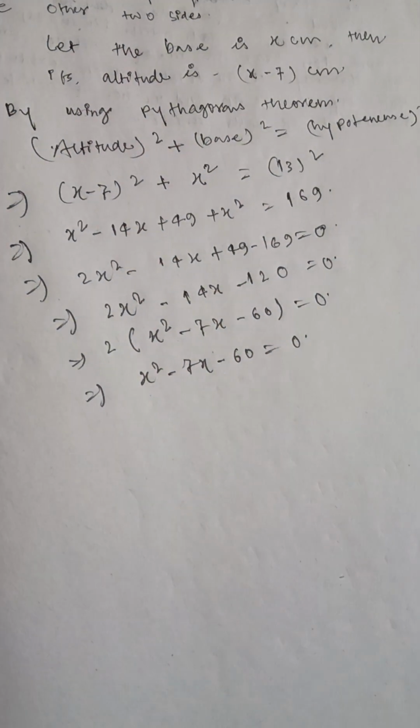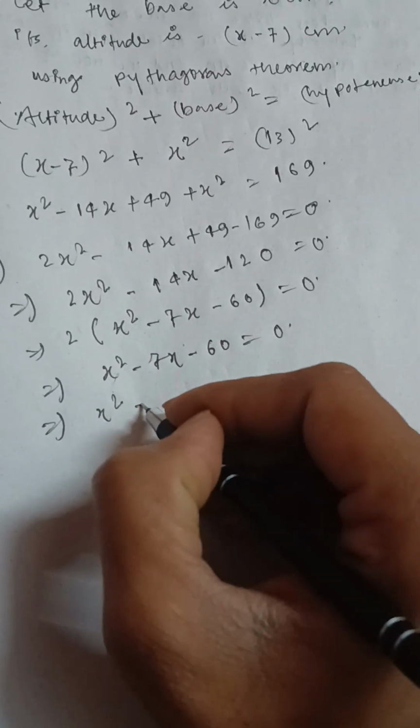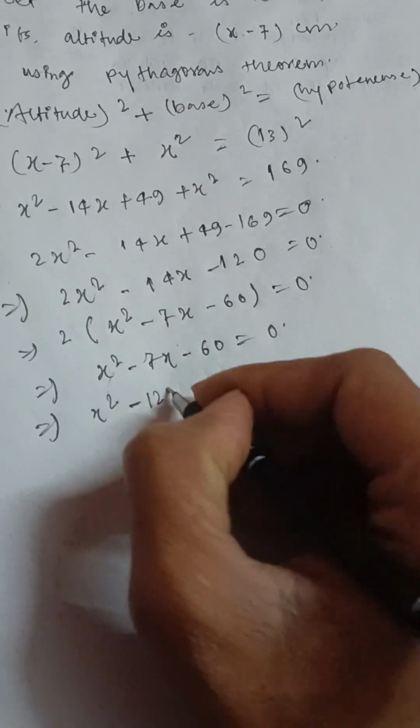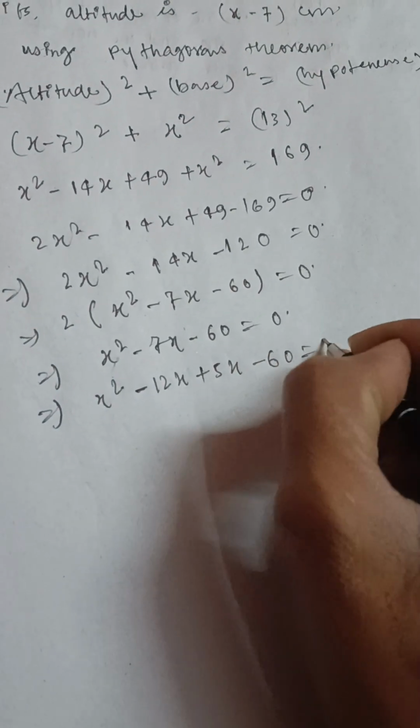And x square minus 12x plus 5x minus 60 equal to 0.